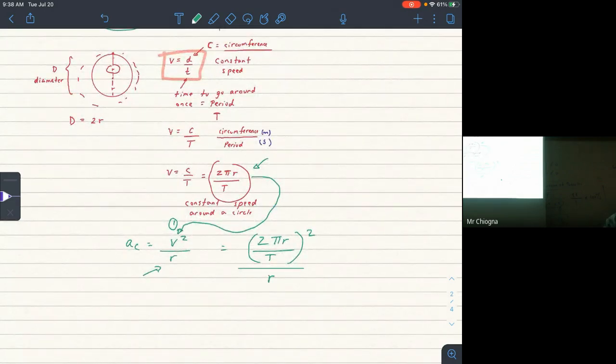Now, squaring anything in brackets means square each factor. Square the 2. Square the pi. Square the radius inside the brackets. Square the period. And don't forget, there's a radius in the denominator as well.